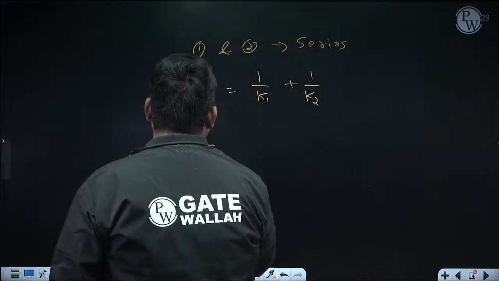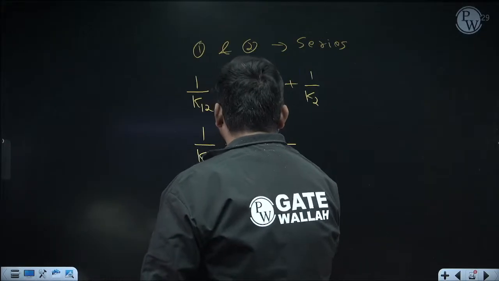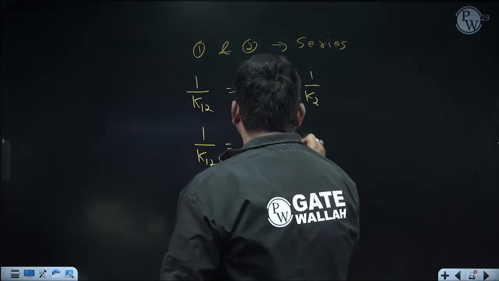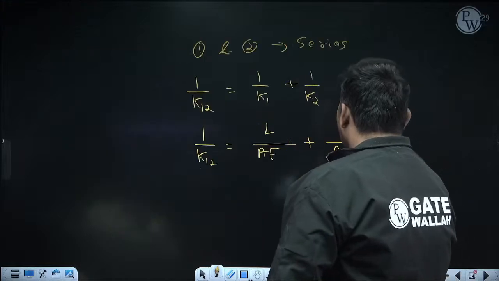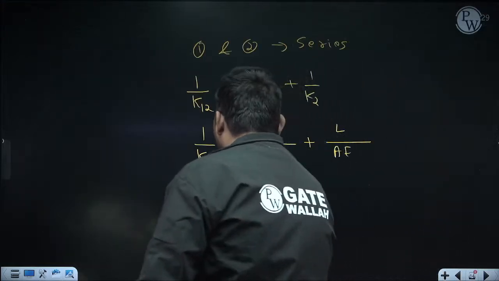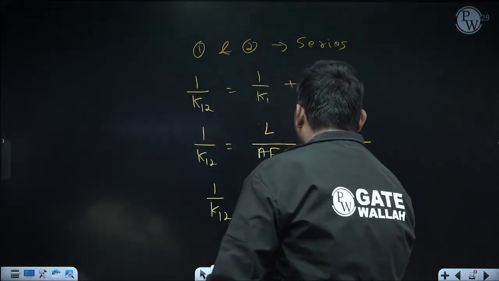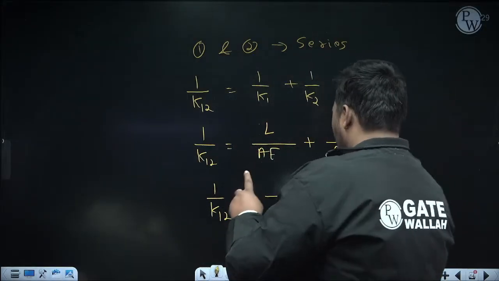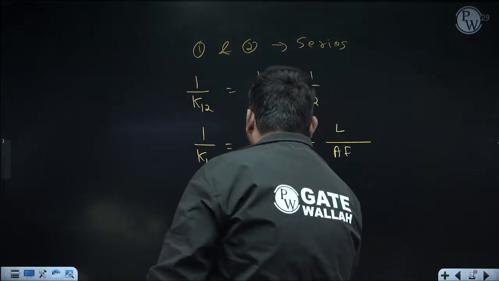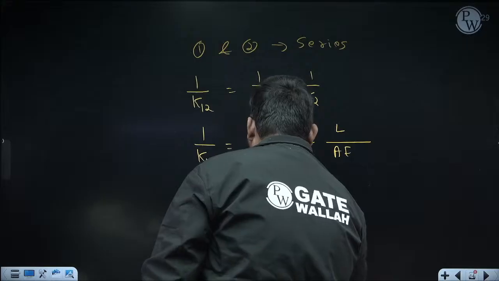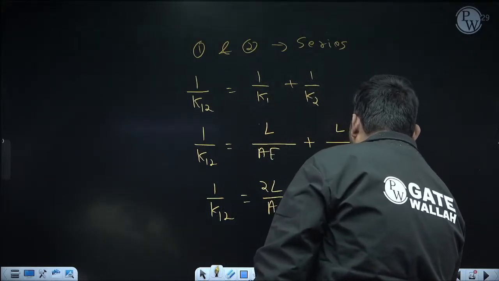K1 is AE by L, so L goes above, plus 1 upon K2, and K2 is also AE by L. So 1 upon K12 is L upon AE plus L upon AE, so it will be 2L upon AE. So K12 is the reciprocal of this, AE by 2L.